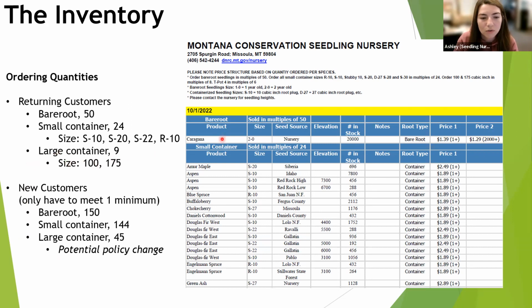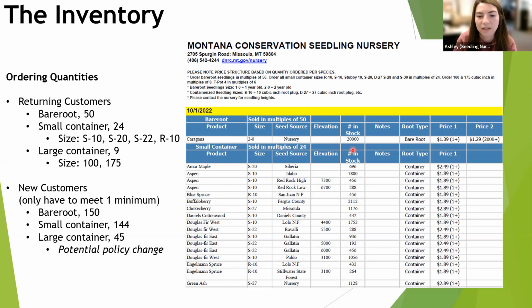So to go over the inventory, it is organized by type: bare root, small container, or large container. Here we have our bare root. This is Carigana. It is size 2-0, which stands for 2 years old. The seed source is the nursery. I don't have an elevation for it, but it would be our elevation here in Missoula.